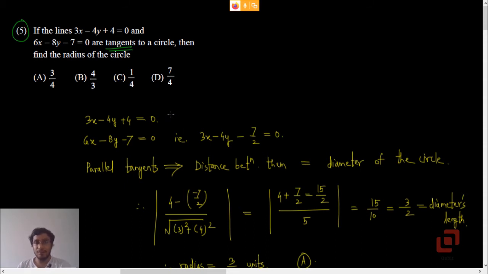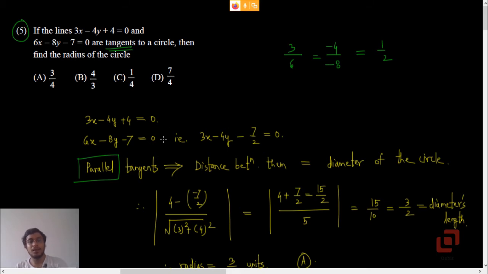The very first and perhaps the most important observation here is the lines in the problem are parallel to each other. Yesterday we discussed this: if the ratio of the coefficients of x and the ratio of the coefficients of y are the same, then the lines are parallel to each other.